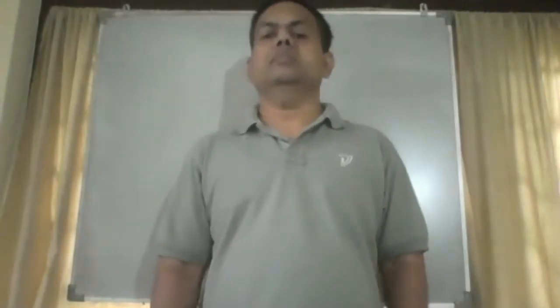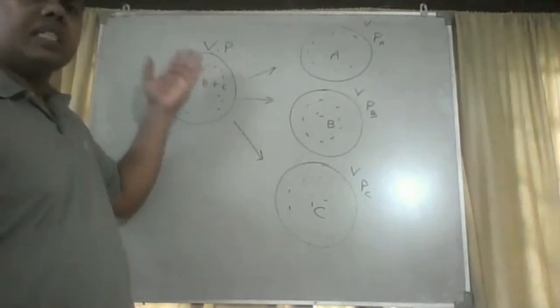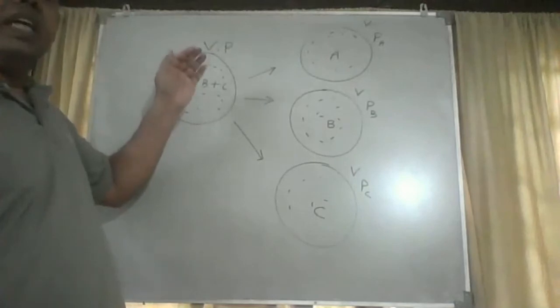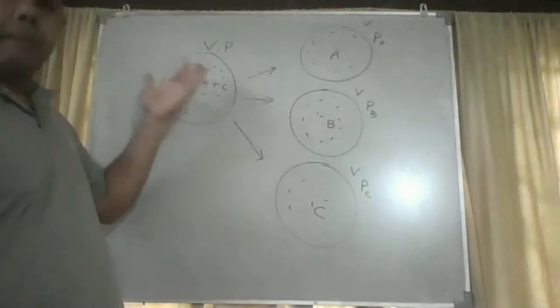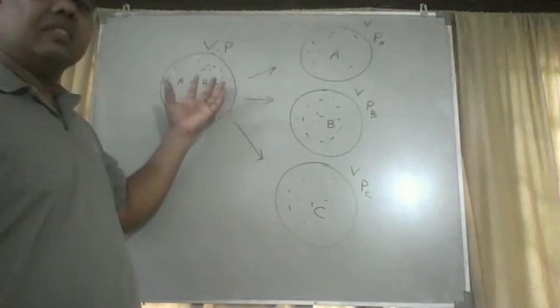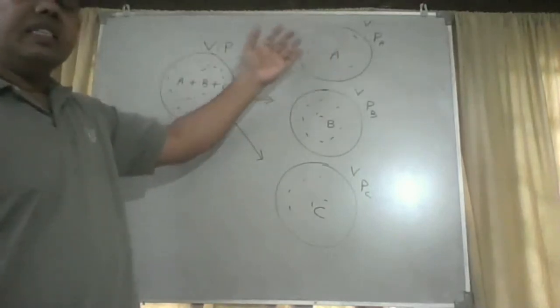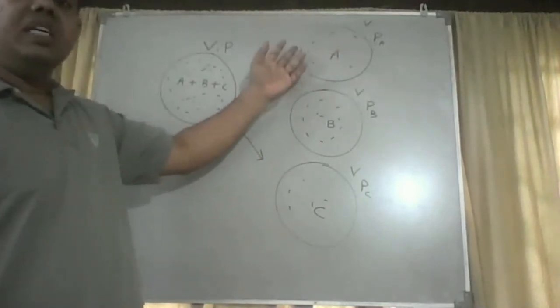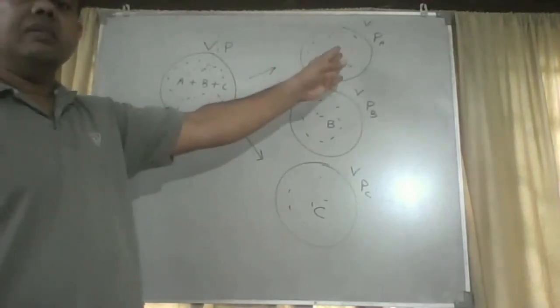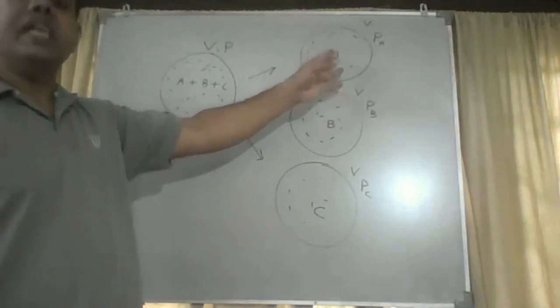Dalton's law of partial pressure states that, imagine we have a mixture of gases A, B, and C in a volume V, and the total pressure of the system is P. If we put that amount of gas A in this mixture alone in the same volume V, the pressure of gas A is the partial pressure PA.